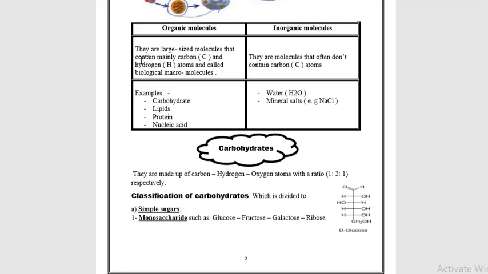Organic molecules are large-sized molecules mainly formed from carbon, hydrogen, and oxygen atoms. But inorganic molecules are not necessarily formed from these 3 atoms.